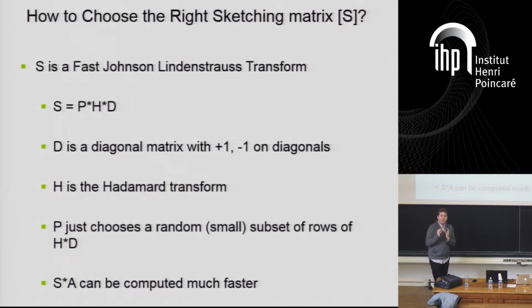However, if you have a very sparse vector, sampling has very high variance, since you'll miss all of the non-zero coordinates. So the goal of H times D is to spread out the Euclidean mass across all of the coordinates. That gives you nd log n time to compute S times A and S times B, and then you can solve the small instance of regression in time polynomial in d and epsilon, at much lower running time.